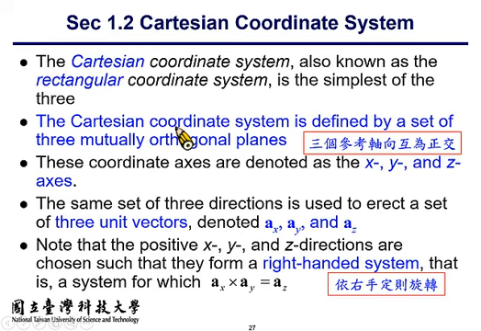On the other hand, if you do the cross product reversely, ay cross ax, you will end up with the minus az direction. So the positive or negative sign should be determined by the right-handed system, right-hand square rule, all right?